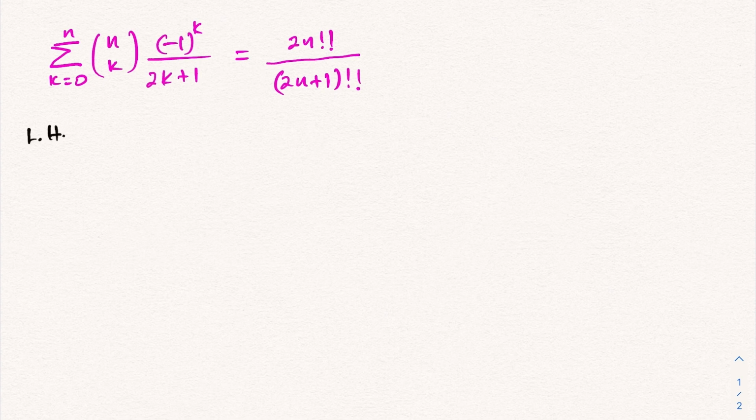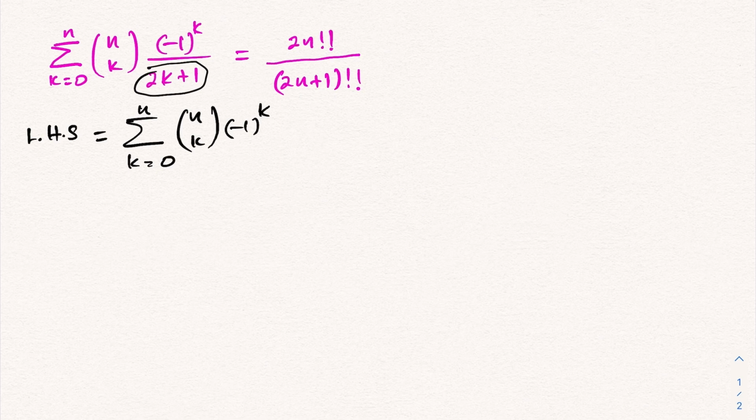So the left hand side is equal to the sum from k = 0 to n of (n choose k) times (-1)^k times 1 over (2k + 1).